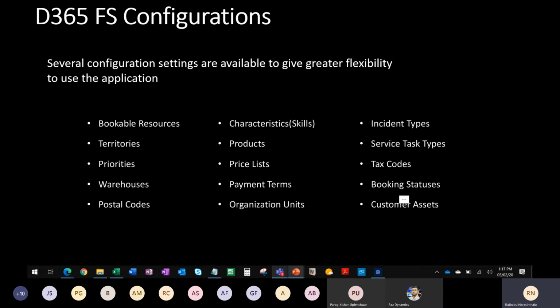So then skills and characteristics. Skills and characteristics can be defined and assigned to a technician. For example, if it's electrical work, only electricians with a specific certification need to perform the work. So we can set up the work order with that type of work, with an incident type which requires a certification.